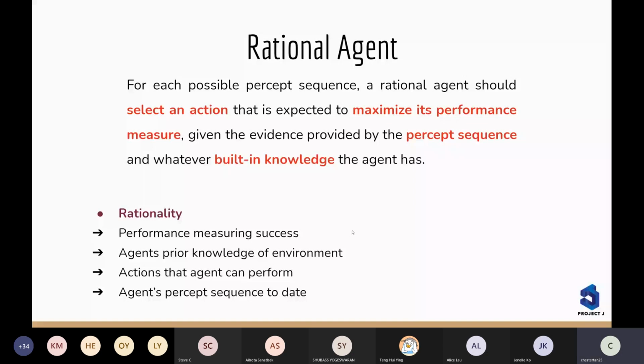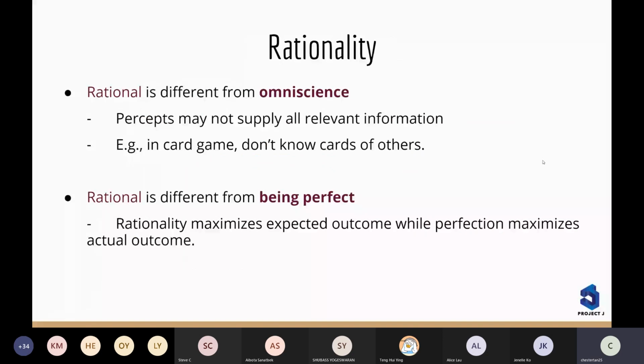So this is the action that the agent can perform. So we can also increase the rationality by decreasing the restraint that the agent is having. Okay, and also the agent's percept sequence to date is one aspect of the rationality. Okay, so right now we come to another part.